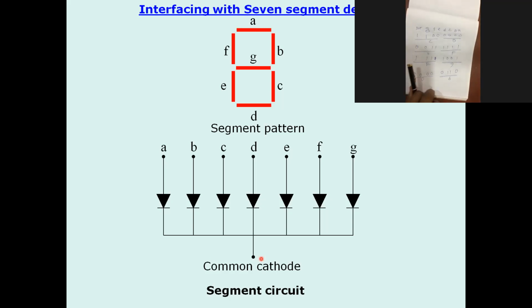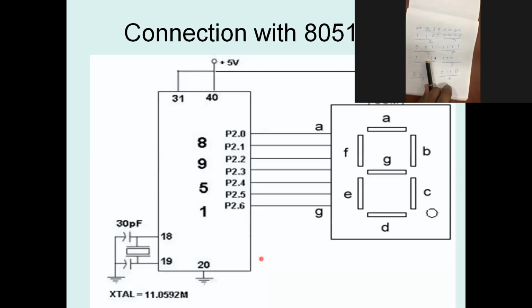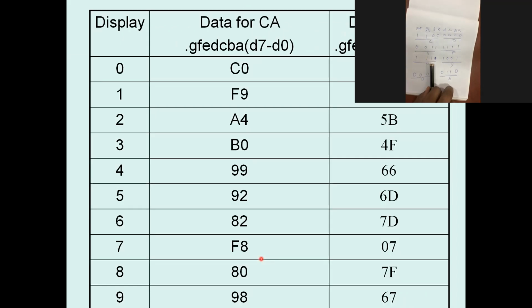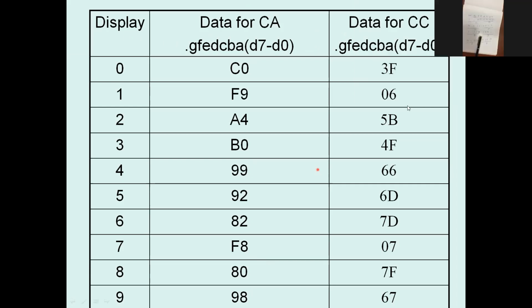So there is a table like that. Is it clear to all of you? I am explaining only 0 and 1. Just see, CA means common anode, CC means common cathode.